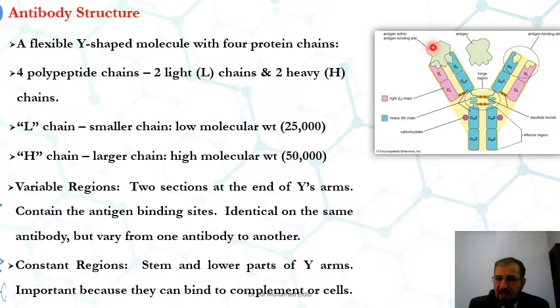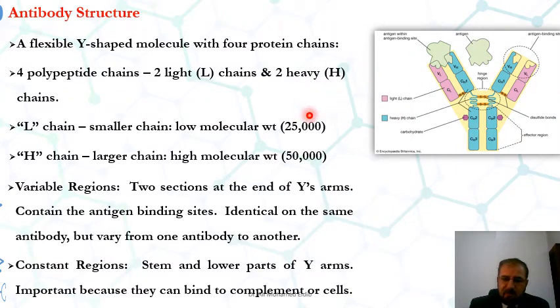This is the antigen, and these are the epitopes, and they are binding to the antigen binding site of the antibody. These two antigen binding sites are identical on the same antibody, but they are different from one type of antibody to another type of antibody.